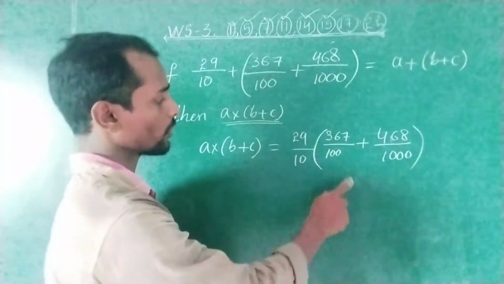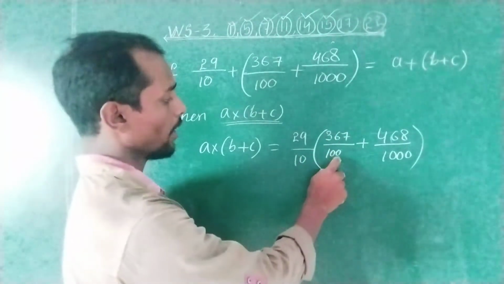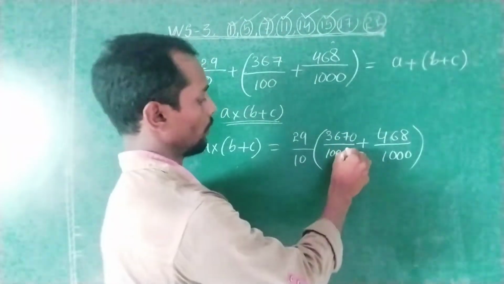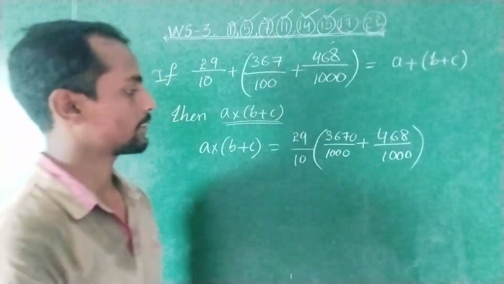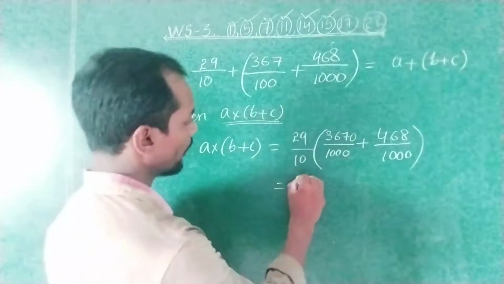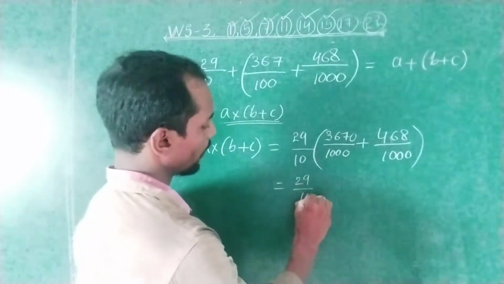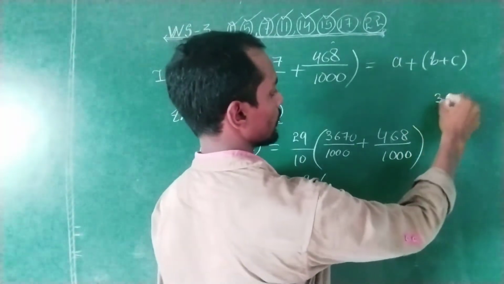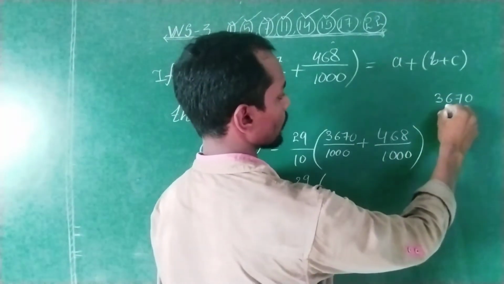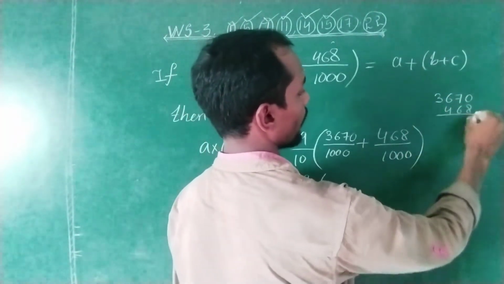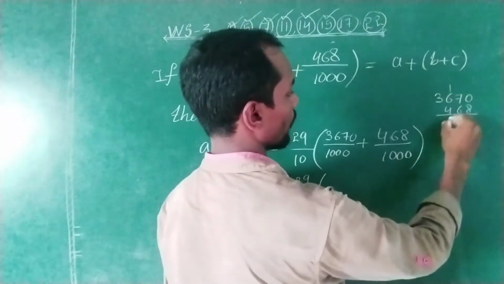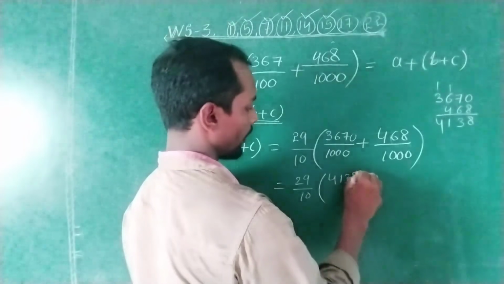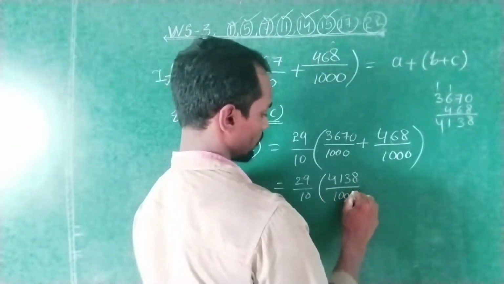If you multiply the first one, 367 by 100, by 10, it becomes 3670 by 1000. Now add 468: 4138 by 1000.